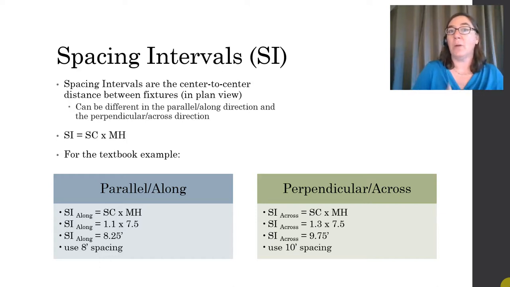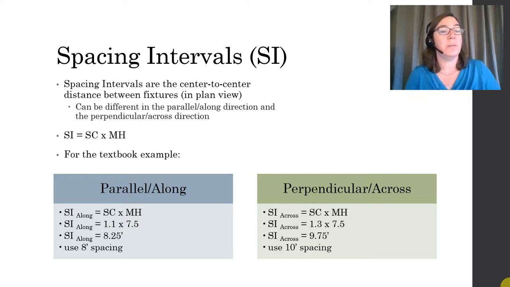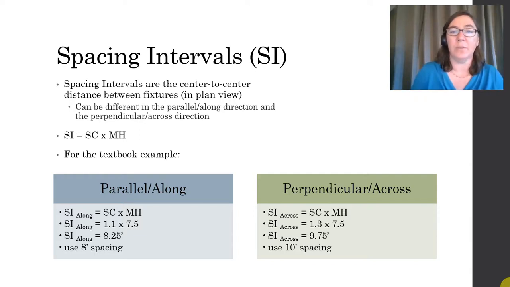For the parallel or along calculation, the spacing criteria times the mounting height is going to equal about 8¼ feet. We'll round it down and use 8-foot spacing. For the perpendicular or across direction, your spacing interval will be 9¾ feet. And so we'll go ahead and round that to 10 feet spacing.